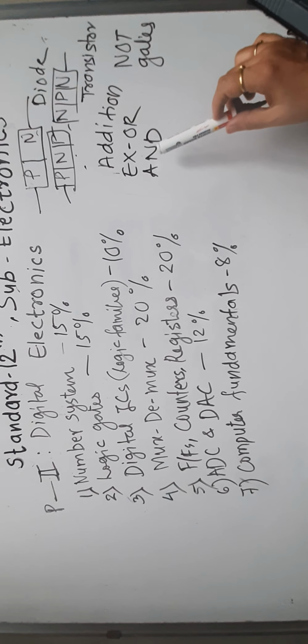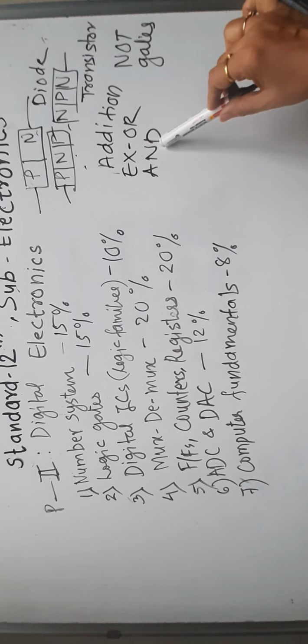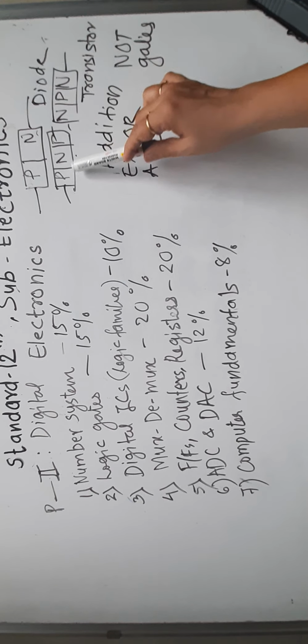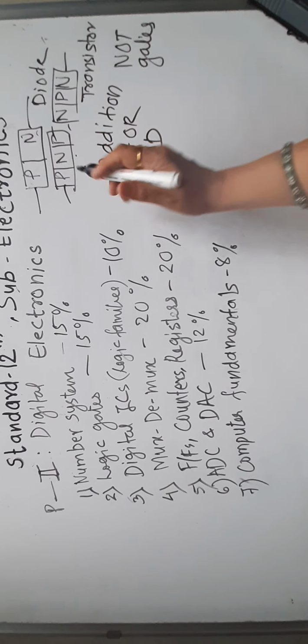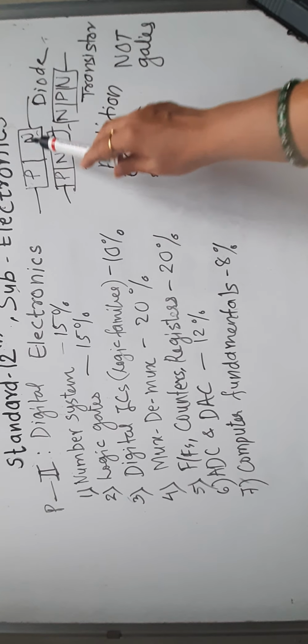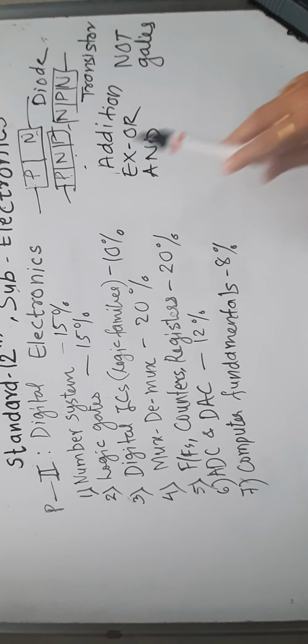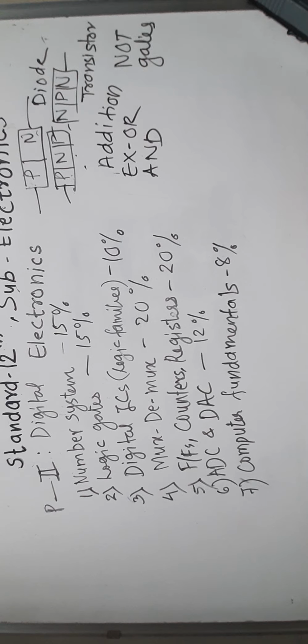To perform various operations, different types of gates are designed by using diodes and transistors. By using semiconductors we have formed diodes and transistors, and by using diodes and transistors we can form different types of gates.